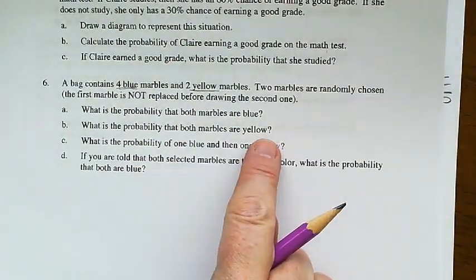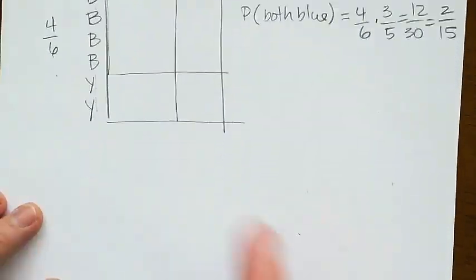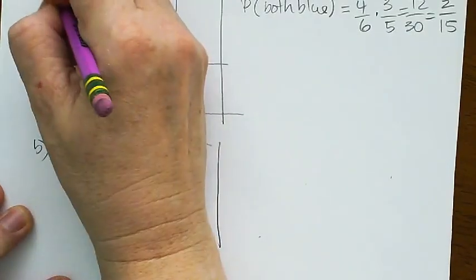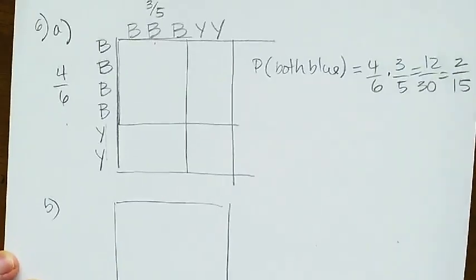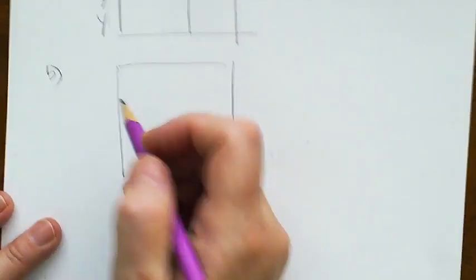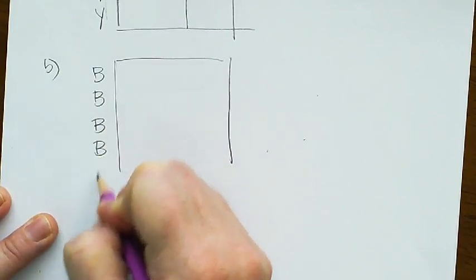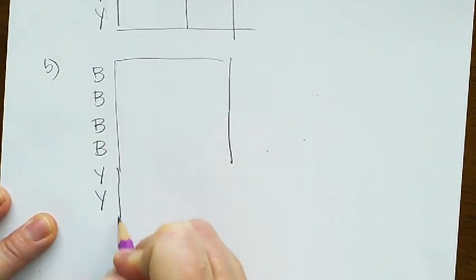Part B, what's the probability that both are yellow? Okay, so first I start with all of the marbles.